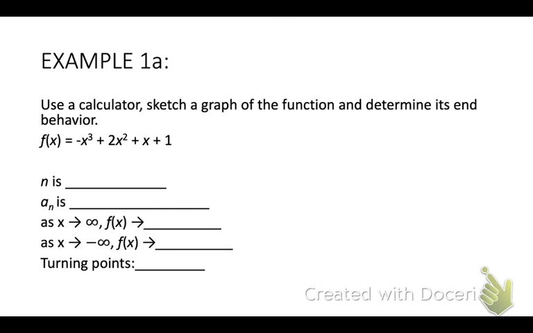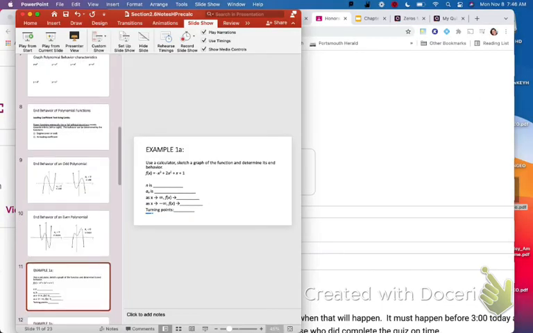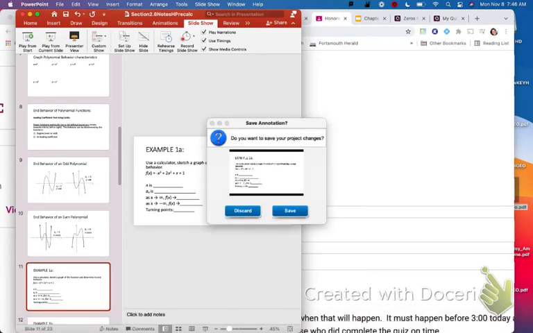Okay, so go ahead and get your calculator in hand. We're going to use our graphing calculator to make a quick sketch of this polynomial function, and we're going to introduce a new concept, which is turning points. On your graphing calculator, we're going to type in negative x to the third.